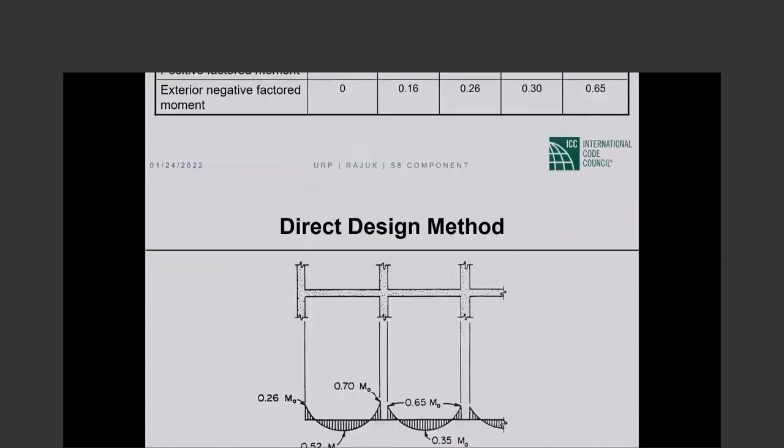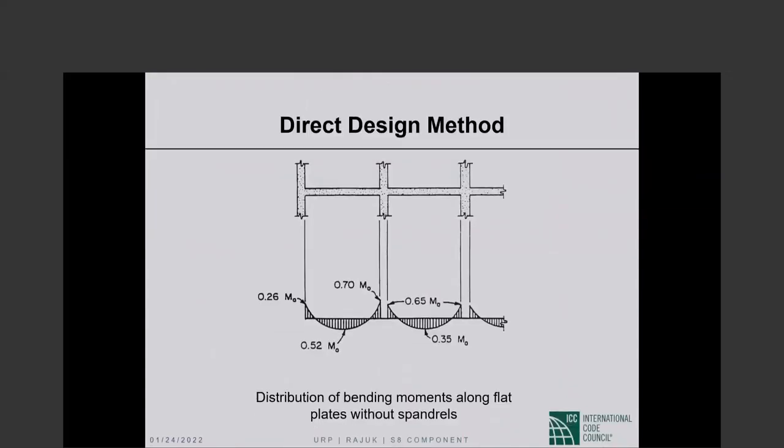Okay, so 70% of M sub 0 at the first interior support, 52% in the span, 26% of M sub 0 at the exterior support section.